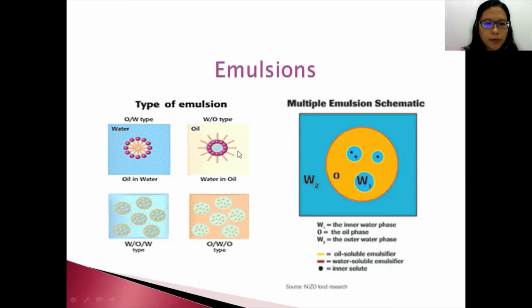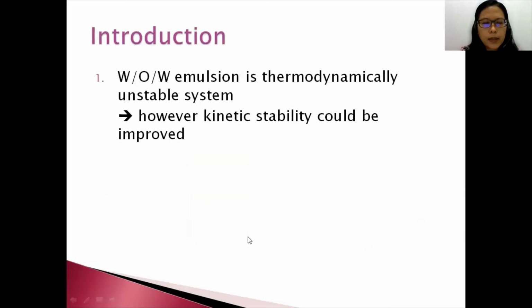But we can also have multiple emulsions, for example water-in-water emulsion and oil-in-water-in-oil emulsion. However, the single emulsion and also the double emulsion are thermodynamically unstable systems, even though the kinetic stability could be improved.